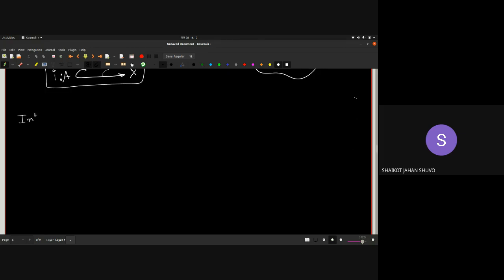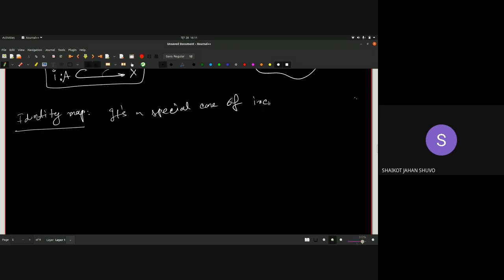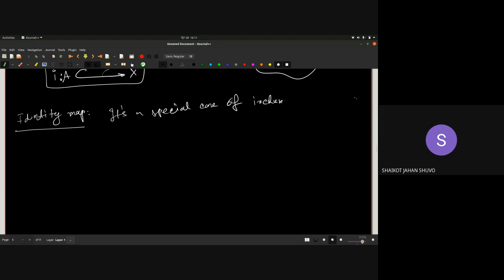Then comes the definition of identity maps. It's a special case of inclusion map.